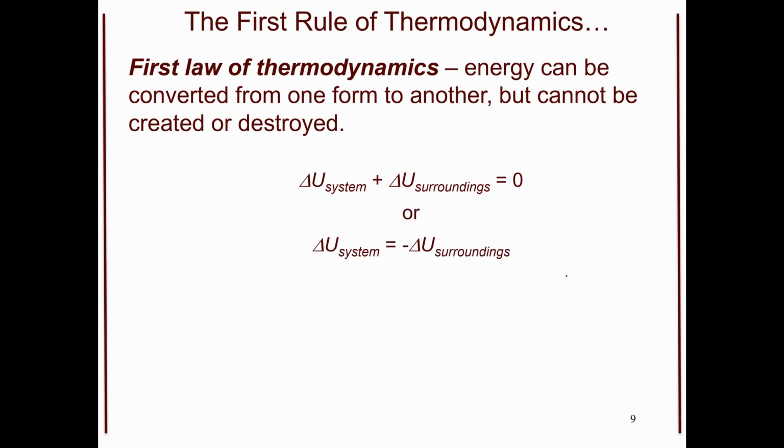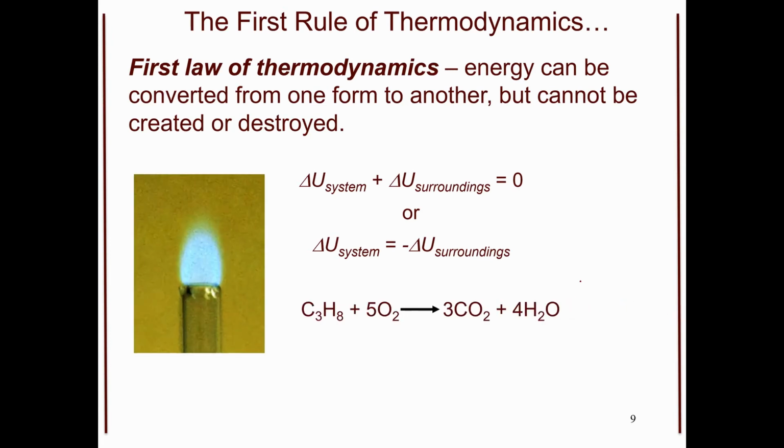So a better way of explaining this is that whatever energy our system gains or loses, the surroundings must have the immediately opposite sign because it is going to do the reverse reaction. If our system were to gain energy, our surroundings have to inevitably lose that energy, and vice versa. This is probably the easiest mathematical explanation of how our internal energy works in a system.